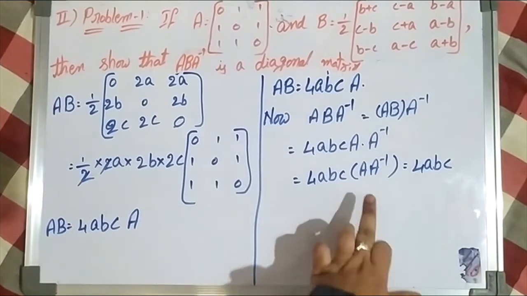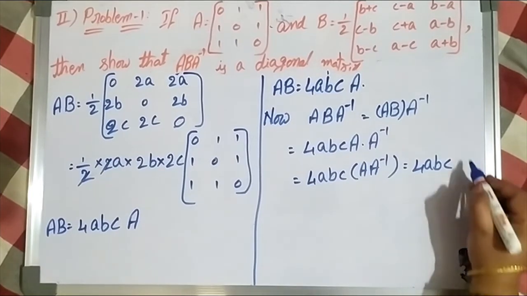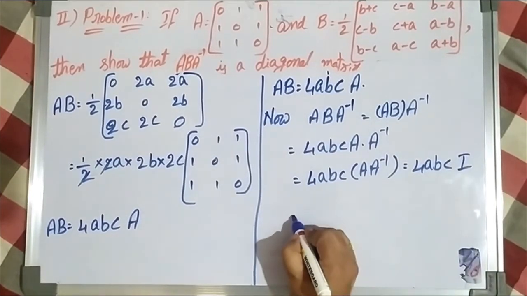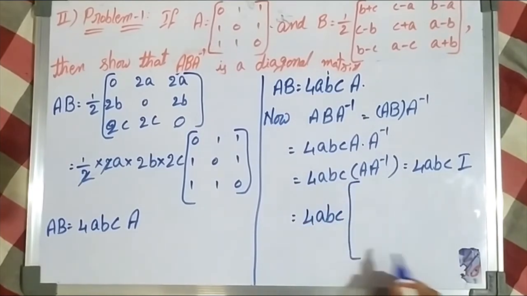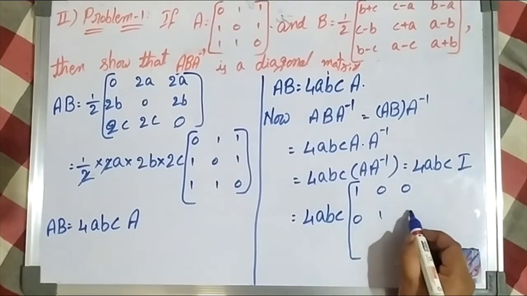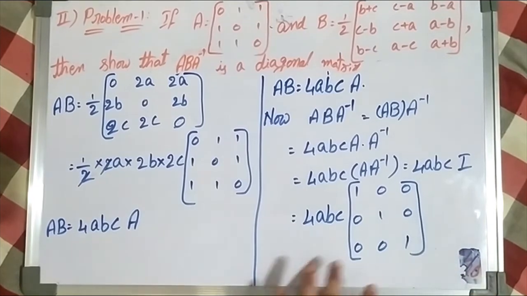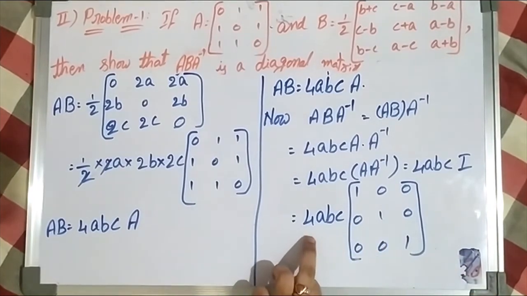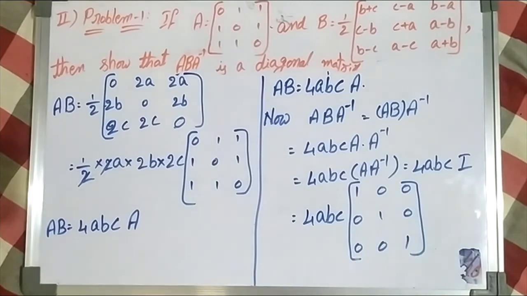We know A into A inverse is equal to the identity matrix or unit matrix, capital I, so 4ABC into capital I, which means 1 0 0, 0 1 0, 0 0 1. This is the I value. Then 4ABC into I value, 1 0 0 0 1 0 0 0 1.